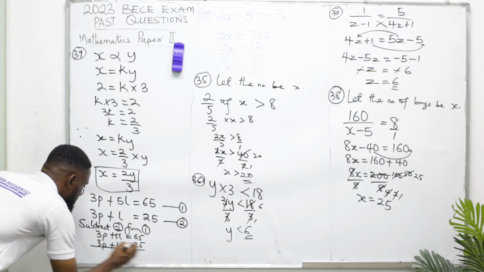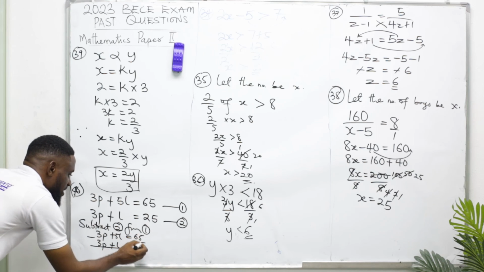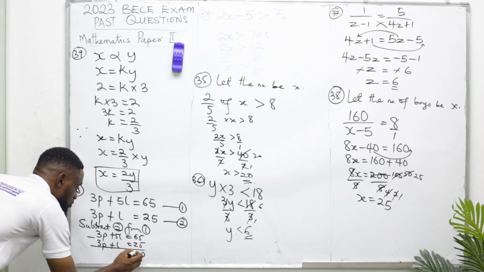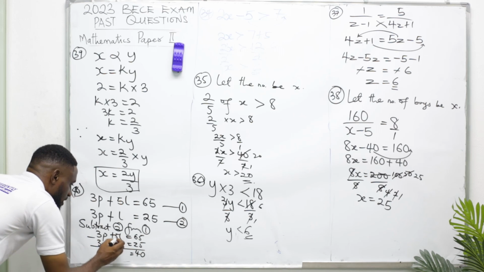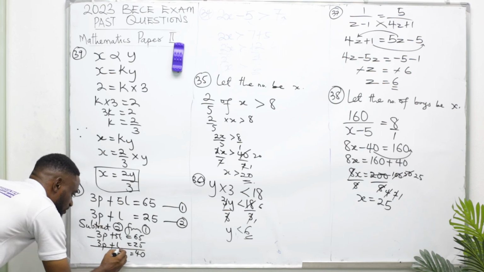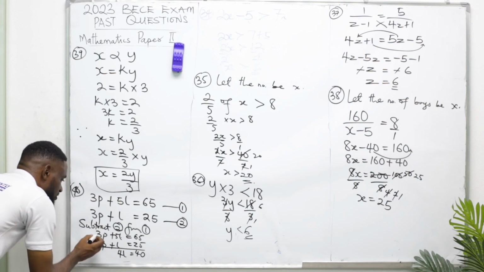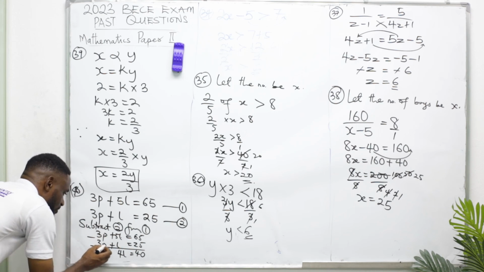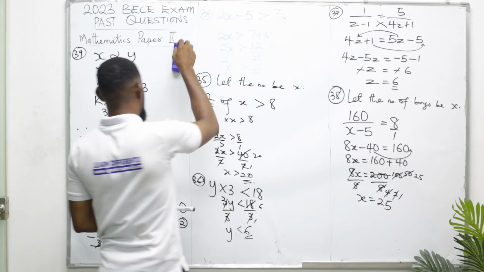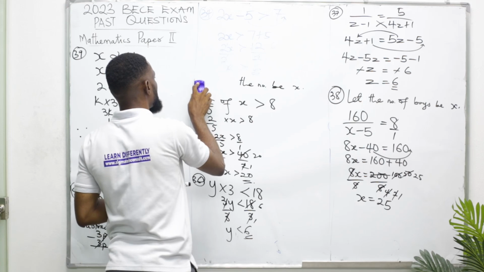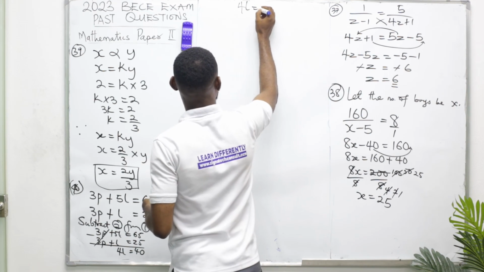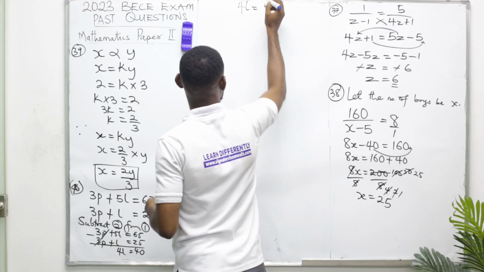If we subtract, 5 minus 1 gives us 4L, and 3P minus 3P is eliminated, and 65 minus 25 is 40. So we have 4L is equal to 40, right?